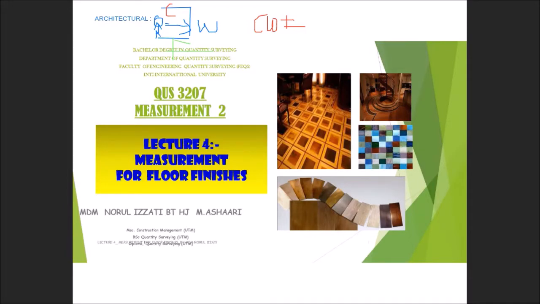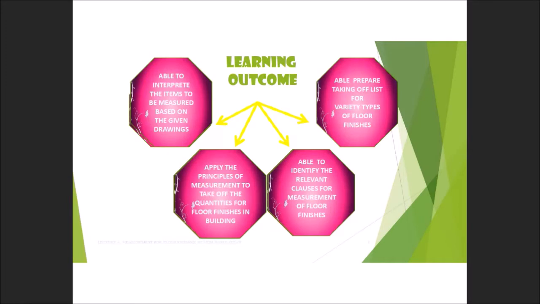Before we go into the detail, we look at the learning outcome. As usual, you need to take note that I expect the student must be able to identify the item to be measured. You must be able to interpret the drawing and prepare the taking off list.